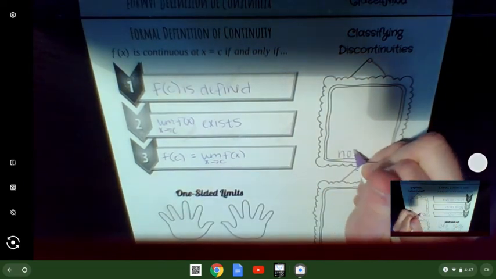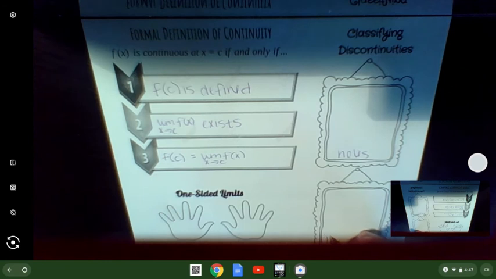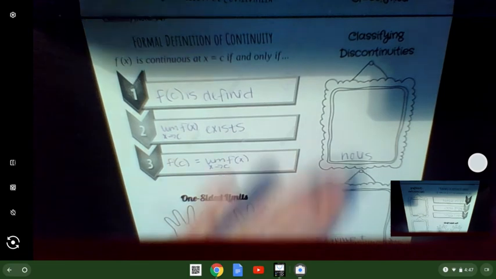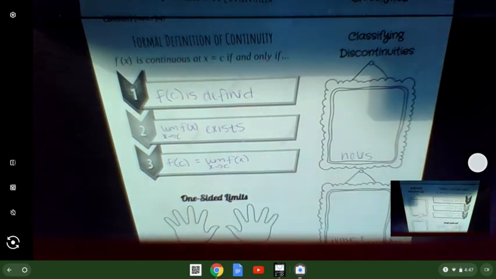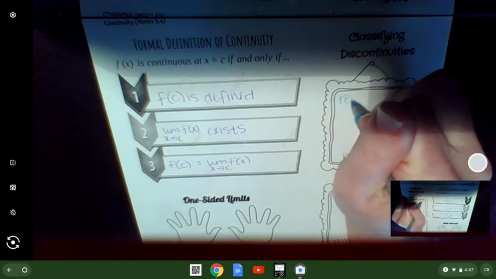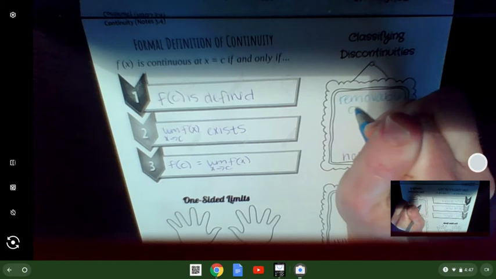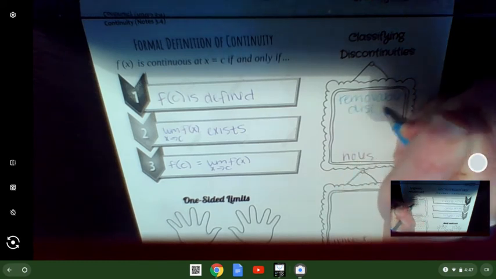Holes go in one category, and jumps and asymptotes go in another. So what's the difference? Well, all 3 are obviously different, but what is the difference and why are they in 2 different categories? We call holes removable discontinuities.